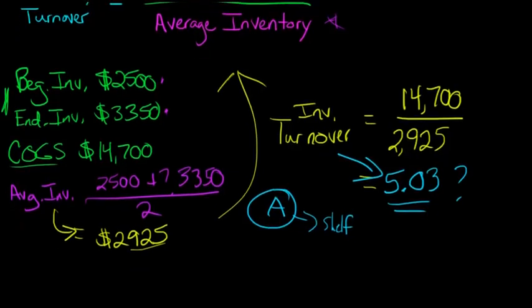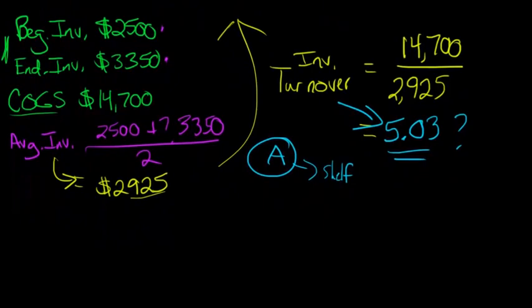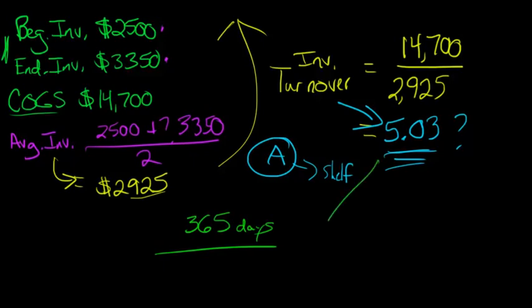Here's another way to think about this. There are 365 days in a year. If we take those 365 days and divide that by our turnover of 5.03, what does that give us?